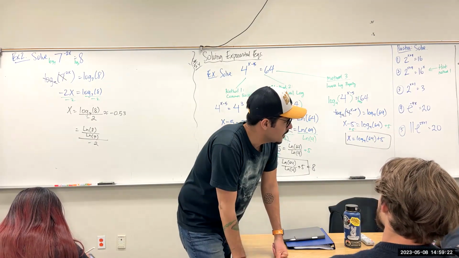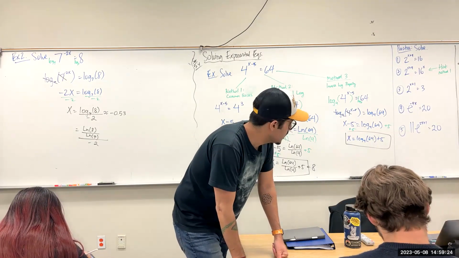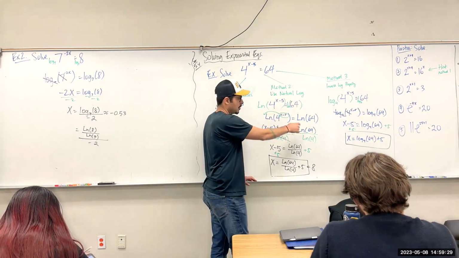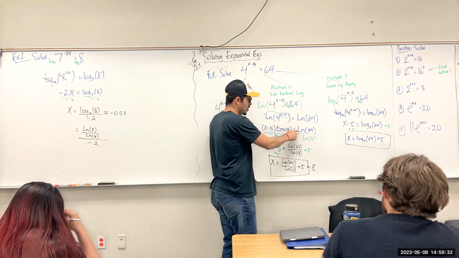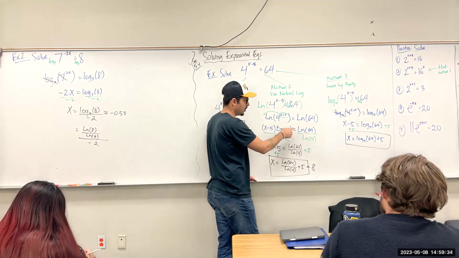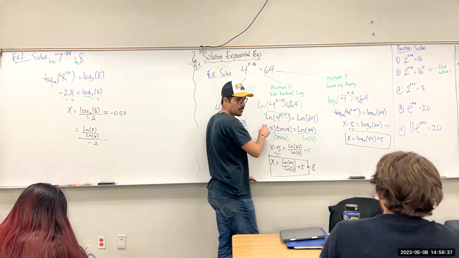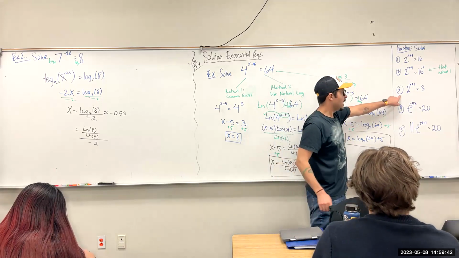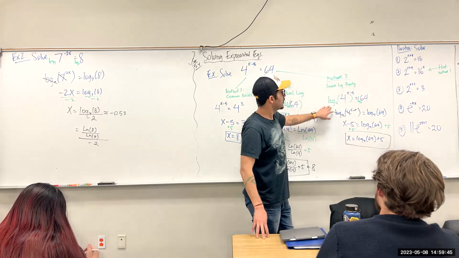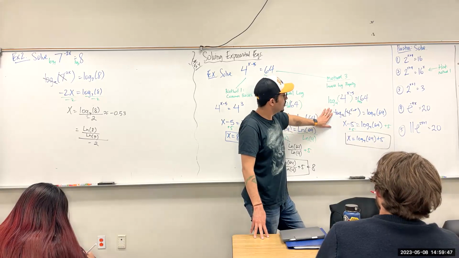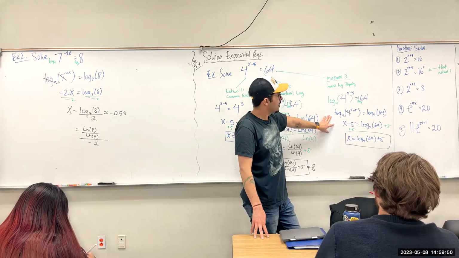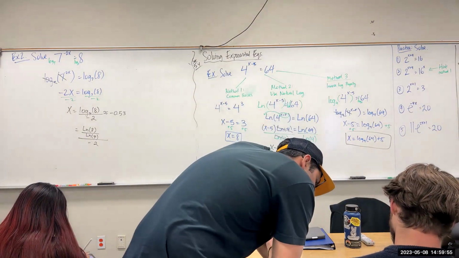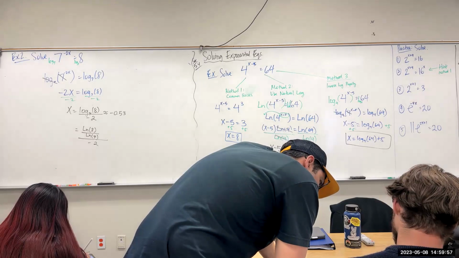It's not wrong, it's just nastier. Because, like, let's say this problem had an x here. You won't be able to just divide the ln by 4 here. You would actually have to distribute it. If you did it with method 3, yeah, okay, that's not that bad.